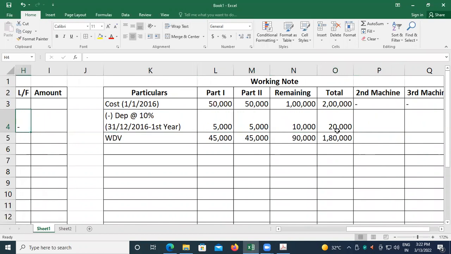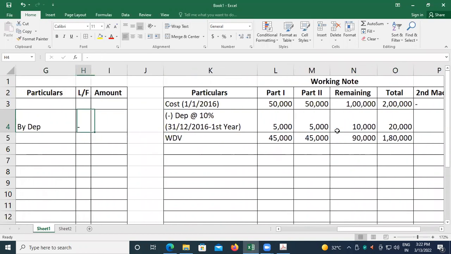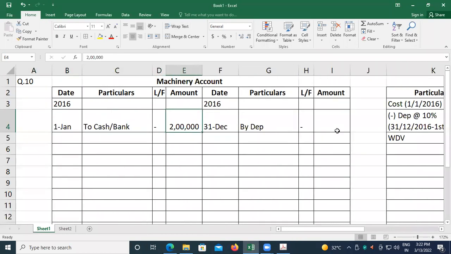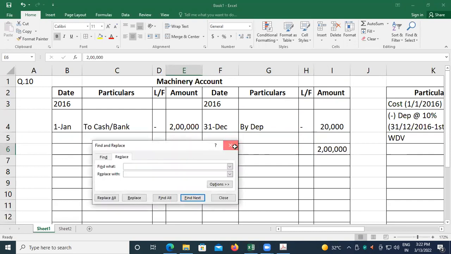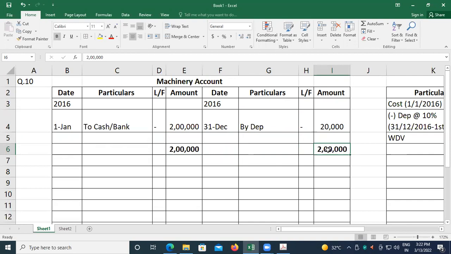So now come to your machinery account and just write down here 20,000 rupees. So since the 1st year is over, now let us close the books of account. 2 lakh rupees, on both sides will come because it is the highest total, the debit side, 2 lakh rupees. So now I will make it bold here, this one. Okay, this one also I will make bold.